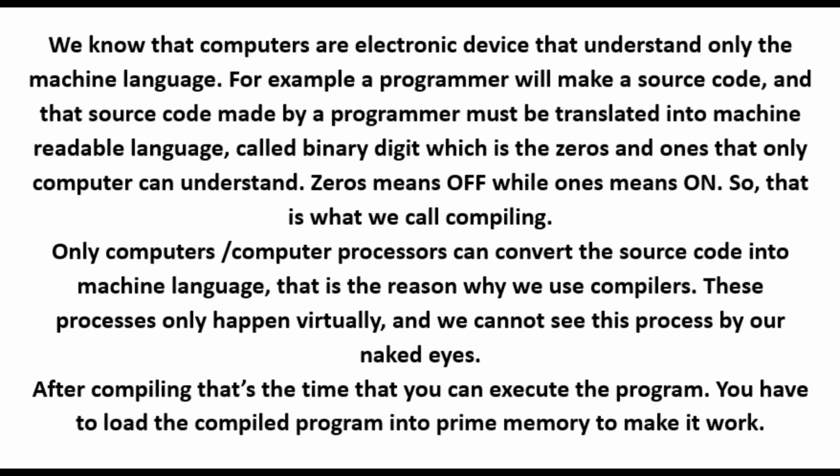That is what we call compiling. Only the computer processors can convert the source code into machine language. That is the reason why we use compilers. These processes only happen virtually and we cannot see them with our naked eyes. After compiling, that's the time that you can execute the program. You have to load the compiled program into primary memory to make it work.